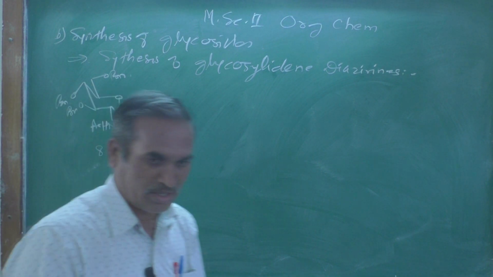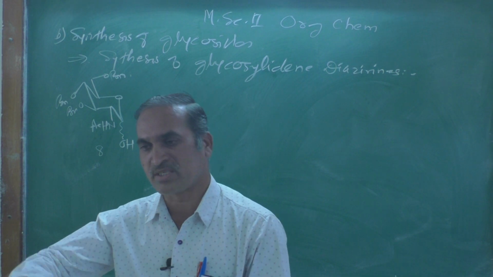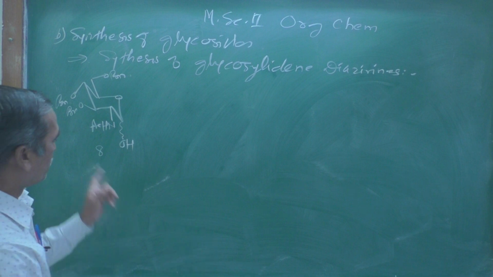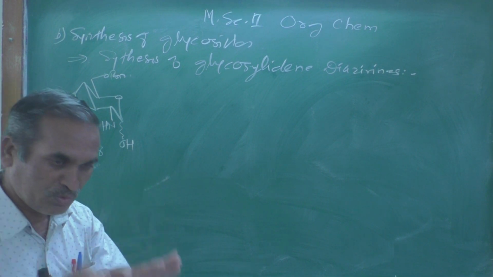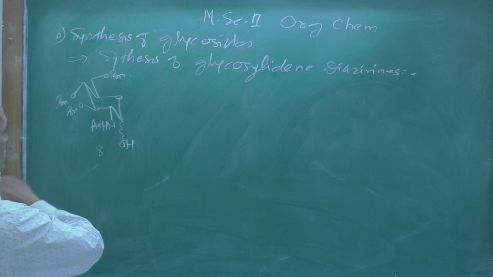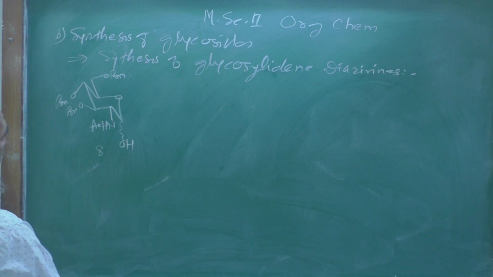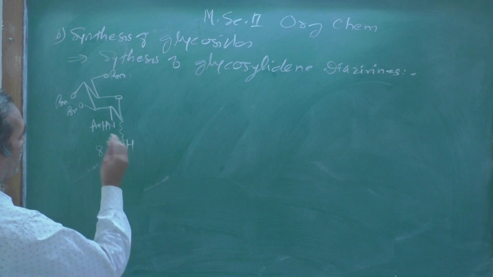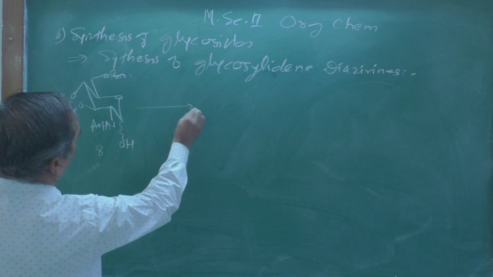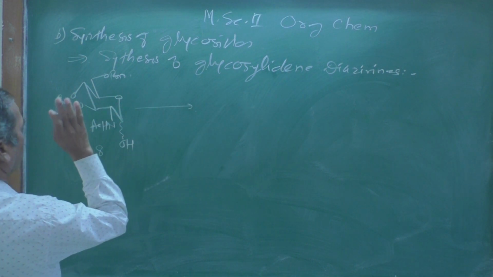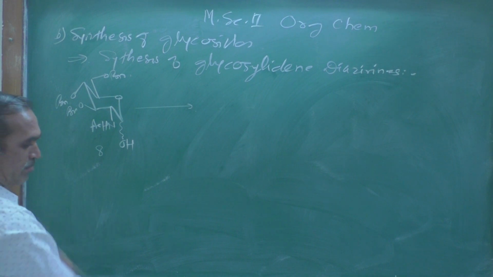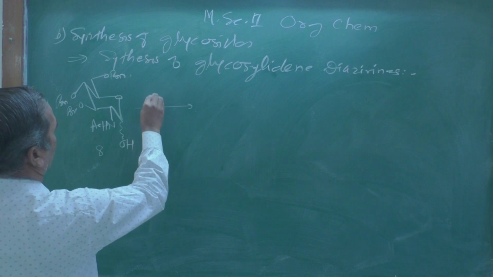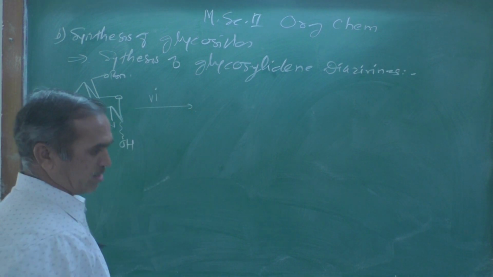Up to structure number 7 we have discussed in detail. Now from structure number 8 onward, today we are going to discuss that protected amine group. That is the change over here. Now this compound, structure number 8, is further treated with reagent number 6.